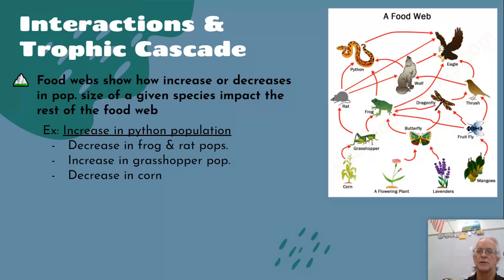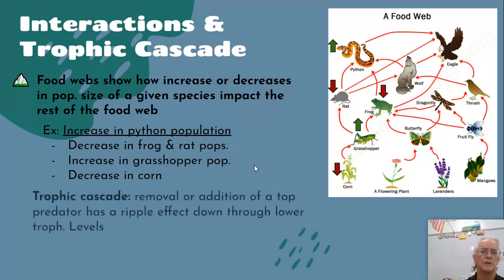This will cause an increase in the grasshoppers because there are no frogs or rats to eat them. And because there's an increase in grasshoppers, it will decrease the amount of corn. Again, these go down because this one goes up, and this one goes up. Therefore, the corn goes down.